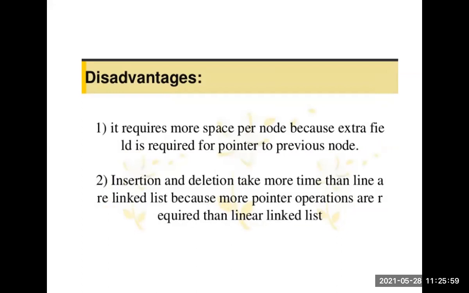You have to identify the addresses. In a linked list the addresses are not in a homogeneous order, so we have to search for that address. So as compared to a single linked list, insertion and deletion take more time in a double linked list. Okay, clear students?